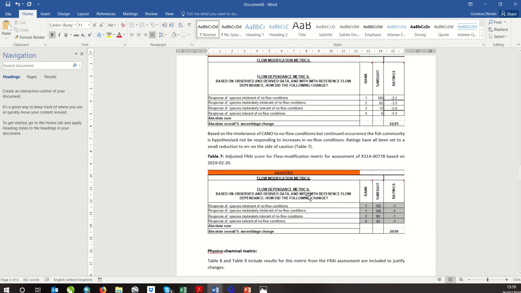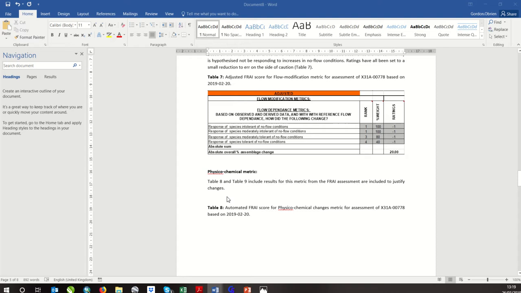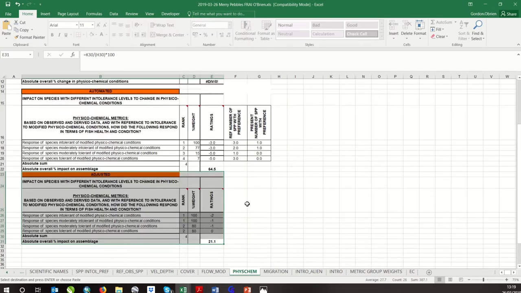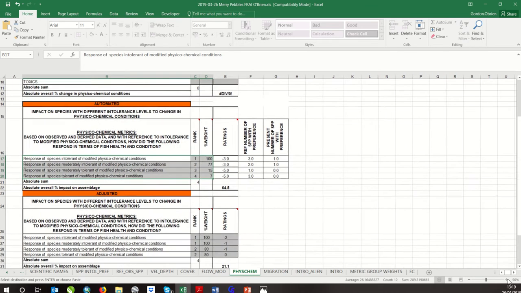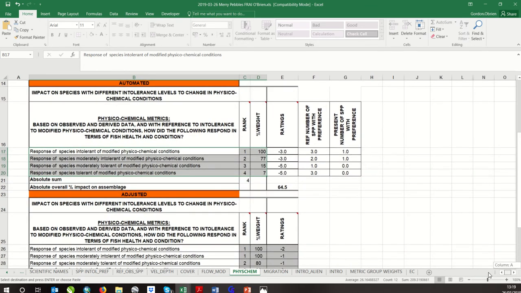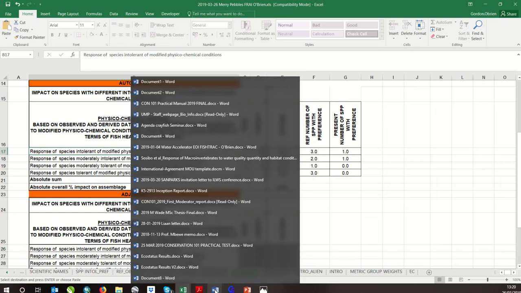That's this one. All right, then physicochemical metrics. Very similar here. Again, it looked as though there was a huge change. If you looked at the species and the vulnerability to changes in water quality, you had species intolerant to modified water quality all the way down to species that are tolerant. You expect the intolerant species to be the ones that would change first.